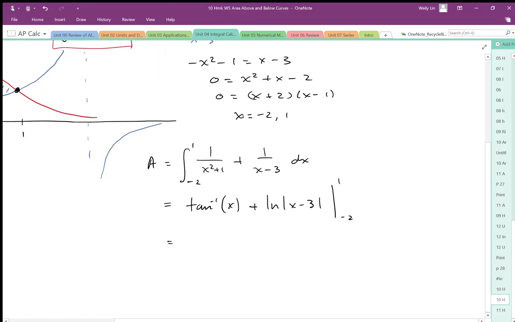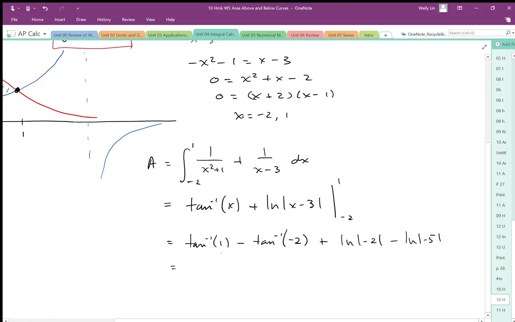Just substituting in the values here, we end up with arctan of 1 minus arctan of negative 2 plus log of the absolute value of negative 2, so that's log of 2, minus, substituting negative 2 into there, we're going to end up with log of the absolute value of negative 5.